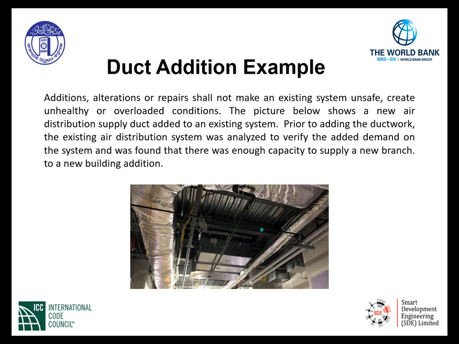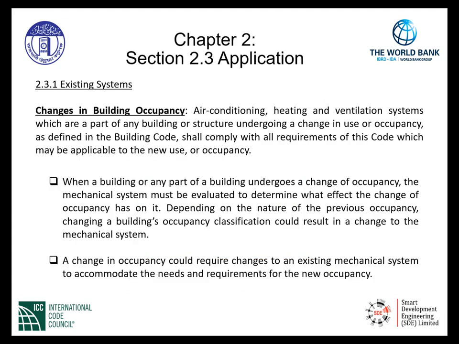Prior to adding the ductwork, the existing air distribution system was analyzed to verify the added demand on the system, and it was found that there was enough capacity to supply a new branch to a new building addition. This installation from the attachment of the existing system must comply with the new code requirements.